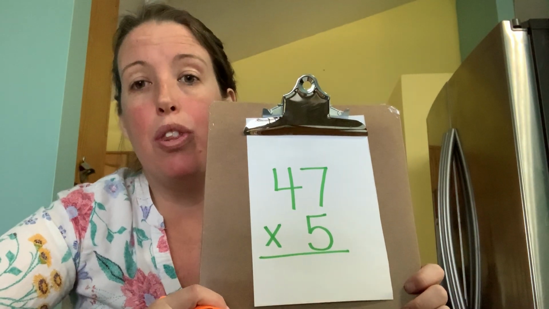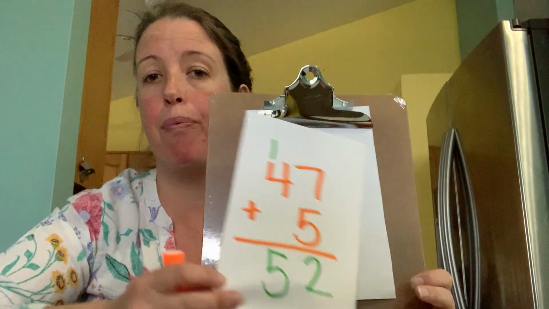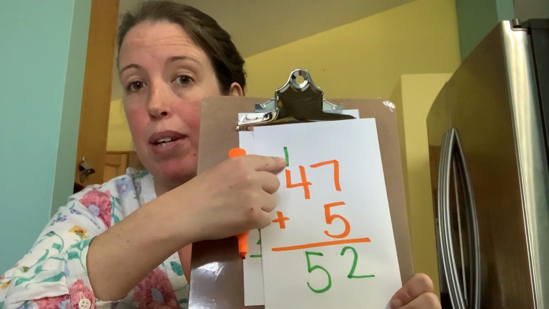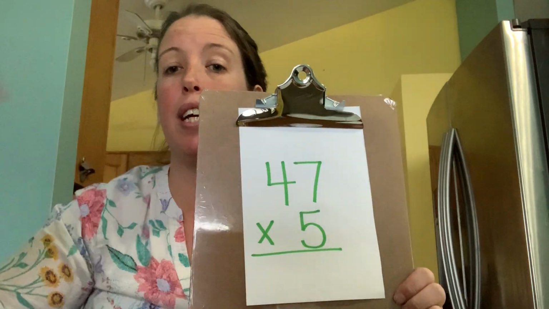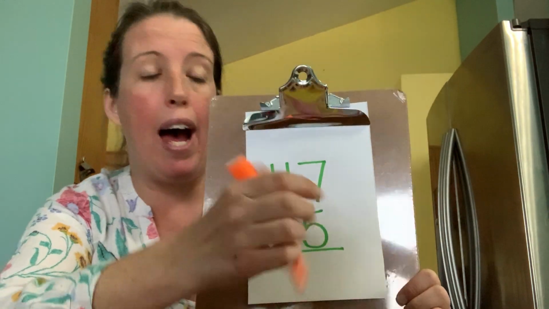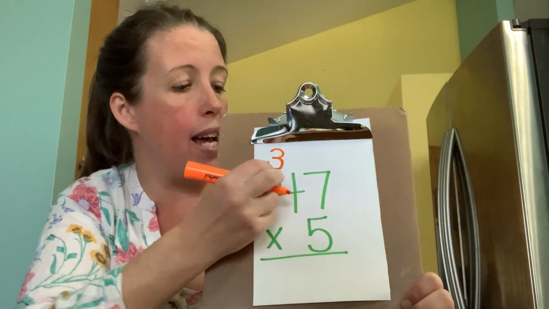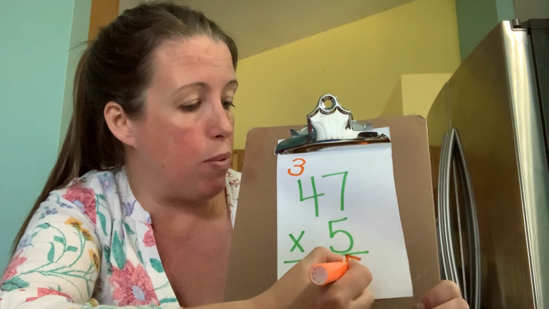So I'm going to multiply 5 times 7, which equals 35. Just like over here, in the number 12, I moved my 10 to the tens place, and I kept my ones here. Over here, I need 35. I'm going to move the 30, or the 3 tens, to the tens place, and I'm going to leave my ones right here.